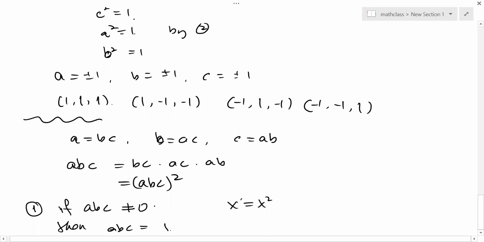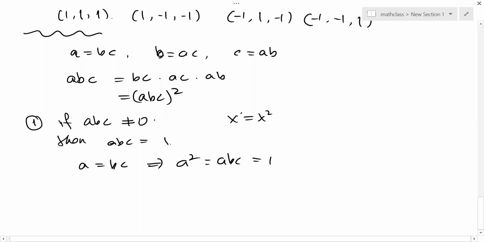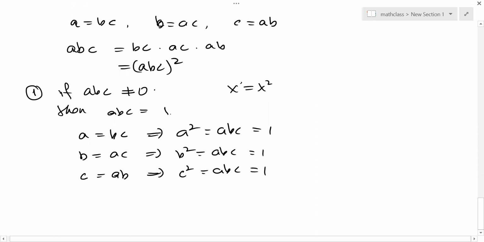Then you also get A squared equals 1, B squared equals 1, because A equals BC, and you multiply both sides by A, so A squared equals ABC, which is 1. Similarly, B equals AC implies B squared equals ABC, that's also 1. And C equals AB implies C squared equals ABC equals 1. So then you have multiple solutions.